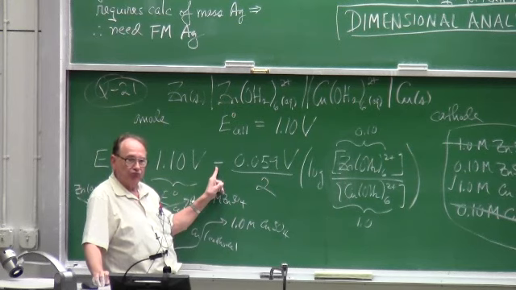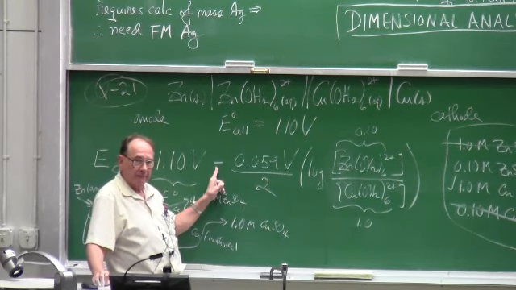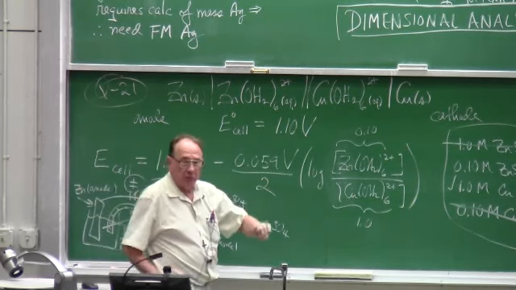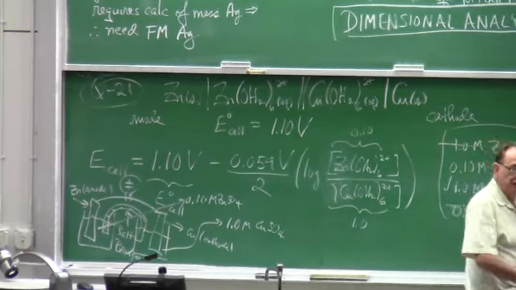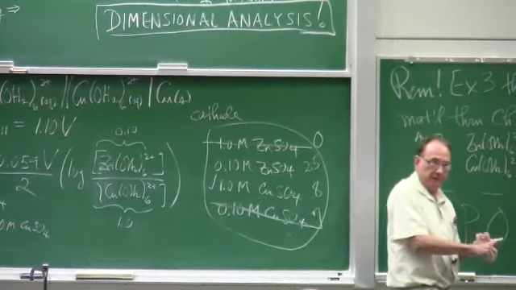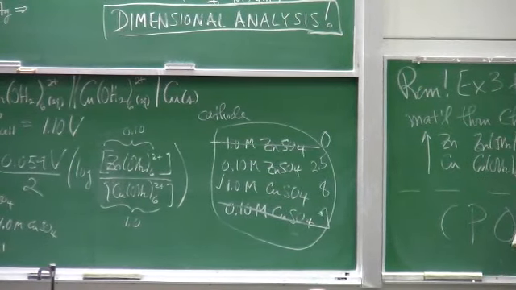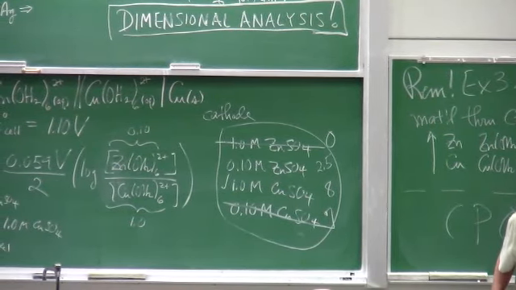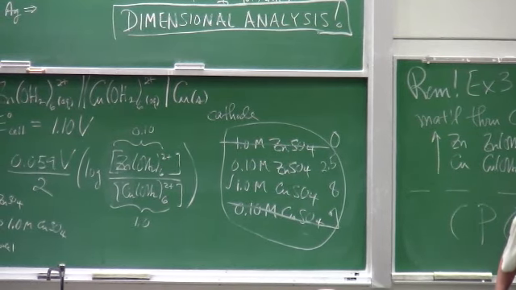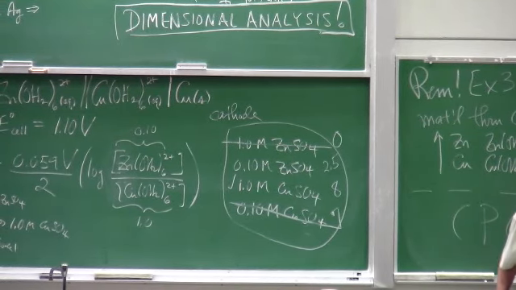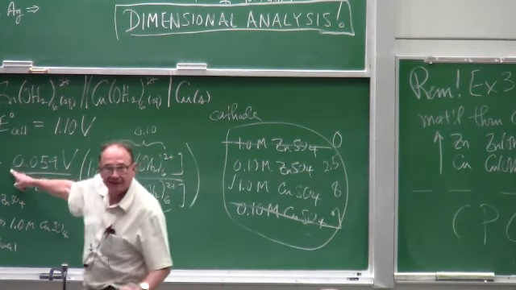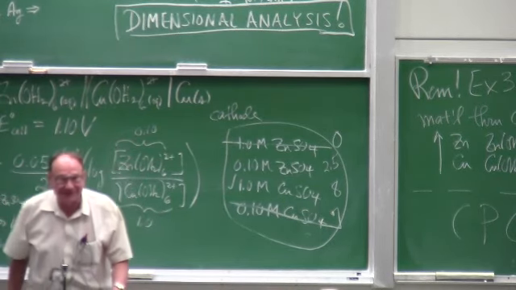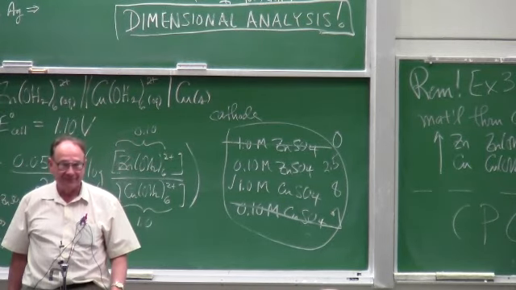This sign tells you that you want Q to be a number which is bigger or smaller than 1 when you want to maximize E cell. Bigger or smaller than 1? Smaller, because you take the log of a number that's smaller than 1, you get a number with what kind of sign? Minus. And minus times a minus means what? Plus! Now E cell's bigger than E zero cell.